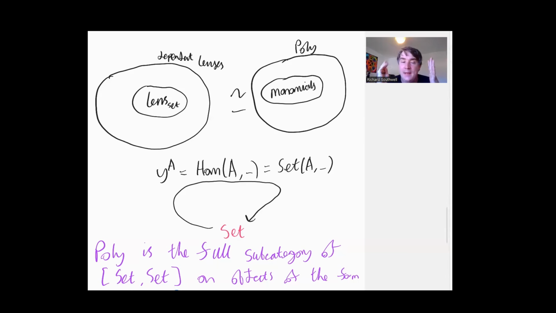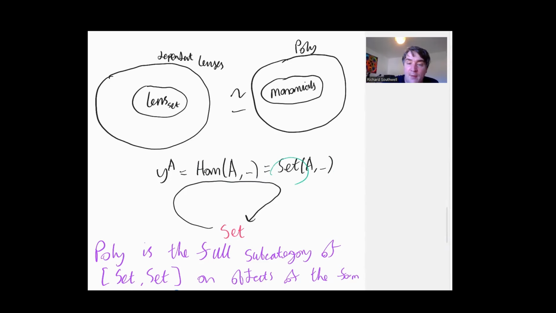Firstly, let's say we pick any set we like, A. And now we can consider a functor that we're going to call y to the power of A. Now you can think of y as a variable, but it's cleaner and better to think of y to the power of A as Hom of A comma blank. Or I could also write it as Set of A comma blank.